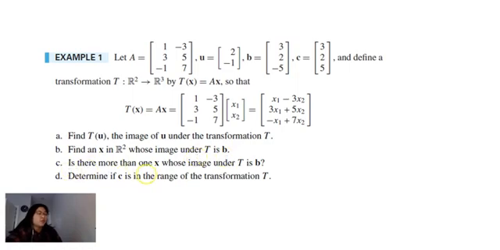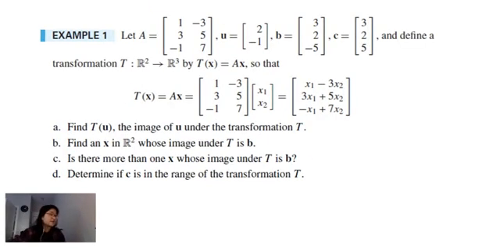Is there more than one x whose image under T is b, this b over here? And let's also determine if c is in the range of the transformation T. So pause the video, try this, and then we'll talk about it.